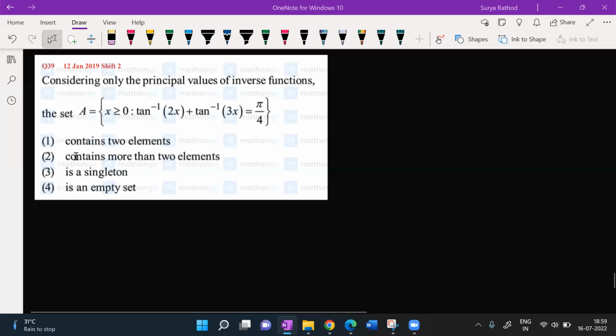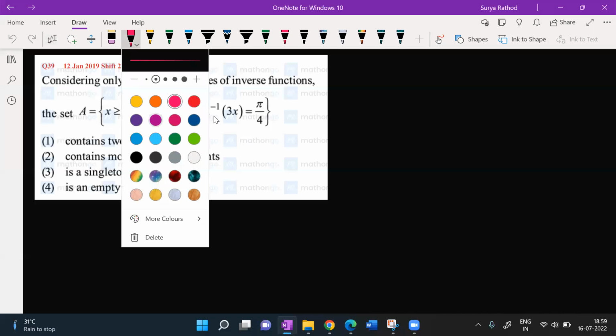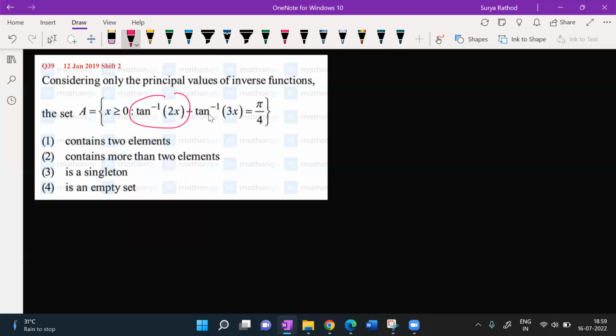How can you solve this question? Very simple question. Considering the principal values of inverse functions, for x greater than or equal to 0, tan inverse of 2x plus tan inverse of 3x is equal to pi by 4. The formula for tan inverse of x plus tan inverse of y is tan inverse of x plus y whole divided by 1 minus xy. Can I write directly from this?